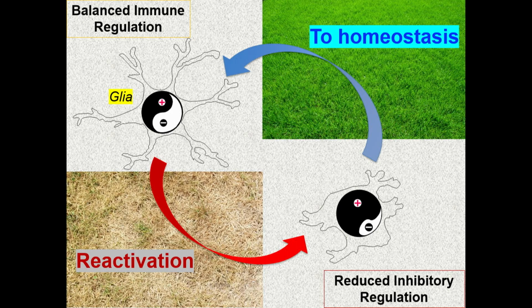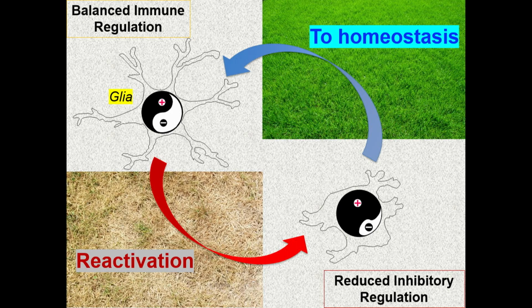Glia gets into a reactive state. But one thing we forgot is that there's also a reduced inhibitory regulation, this minus or inhibitory part reduced. That may be the problem, because in order to return your body to the homeostatic, normal situation, you need to do more to foster this part, to enhance this part.